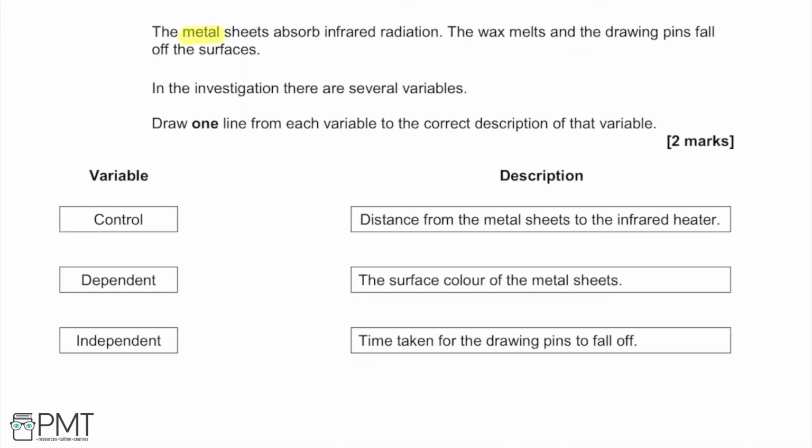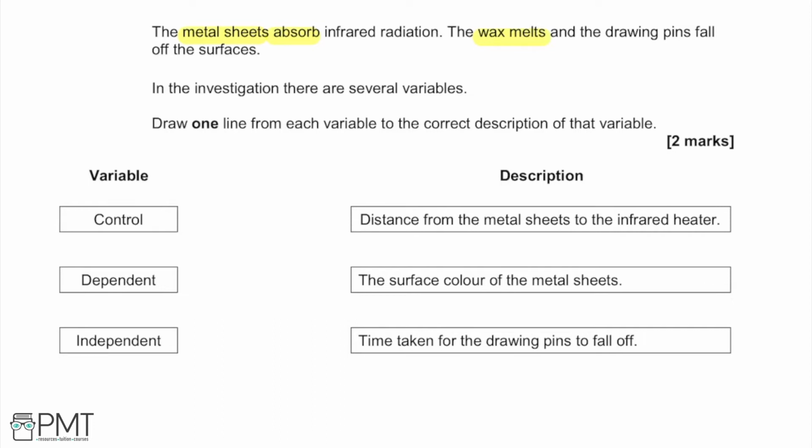So then we're told that the metal sheets absorb infrared radiation and that the wax melts and the drawing pin falls off the surfaces. So in the investigation, there are several variables which we'd expect in an experiment, and we're asked to draw one line from each variable to the correct description of that variable.